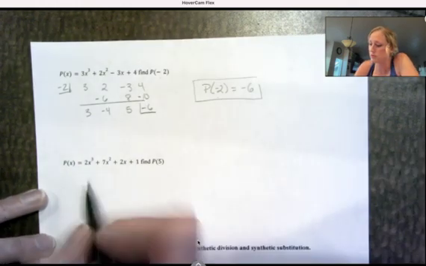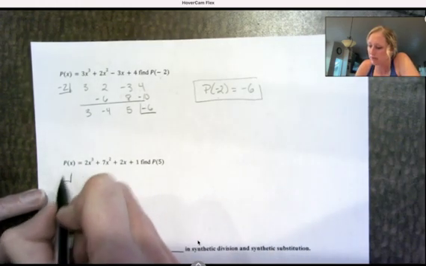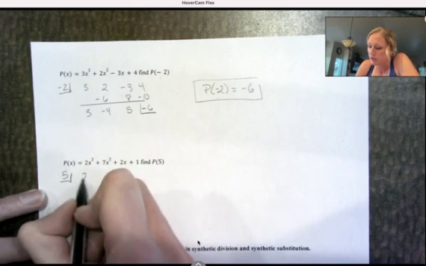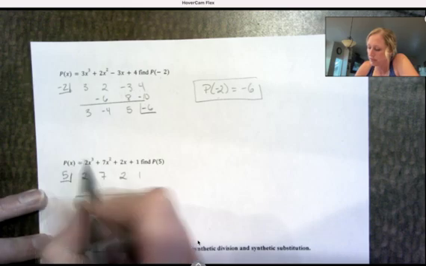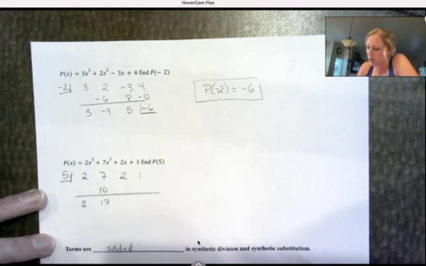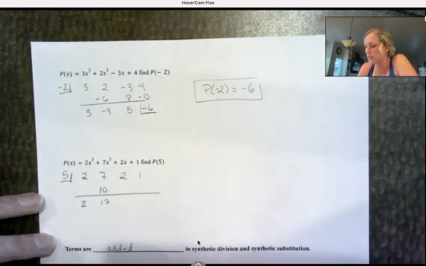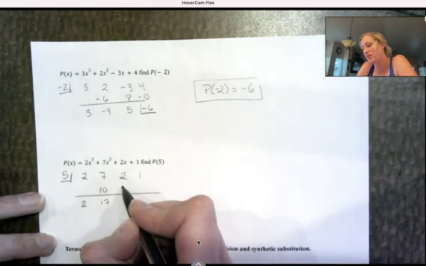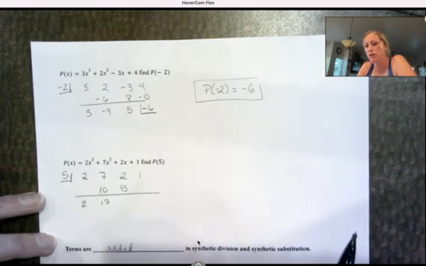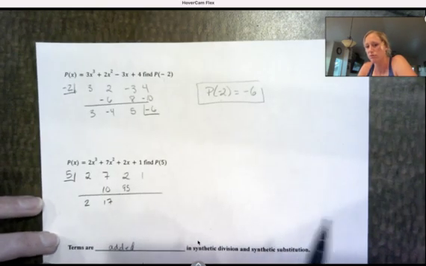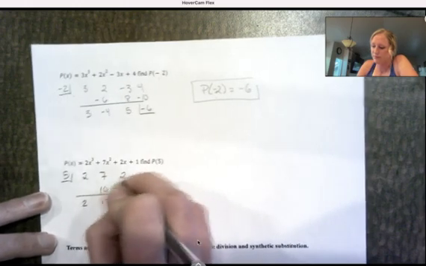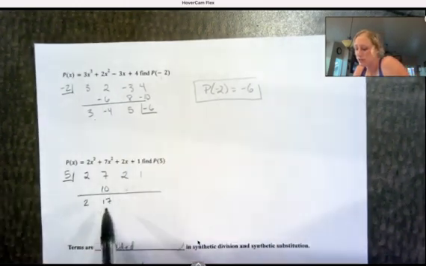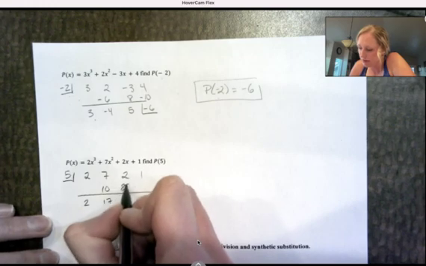Okay, we're going to try this with this next one as well. I'm going to put 5 in the box, with coefficients 2, 7, 2, 1. Perform synthetic division. Let's see, 5 times 17 is 85.